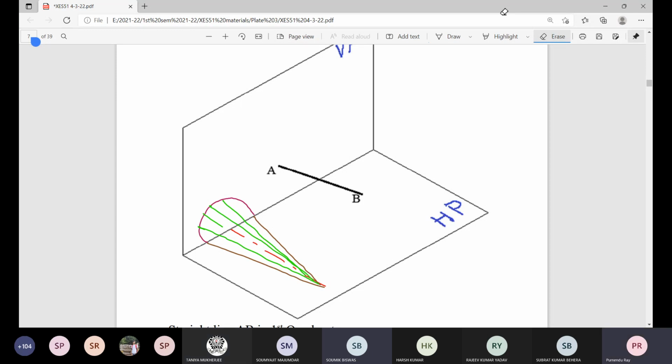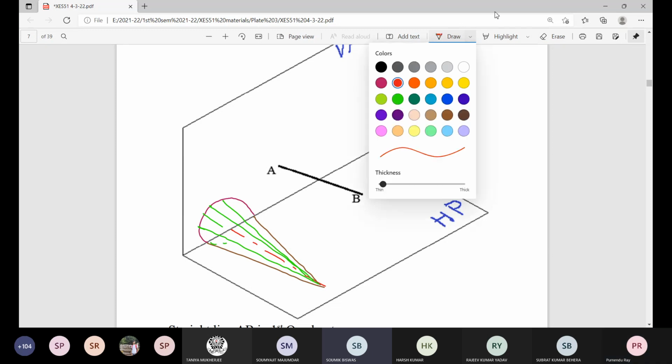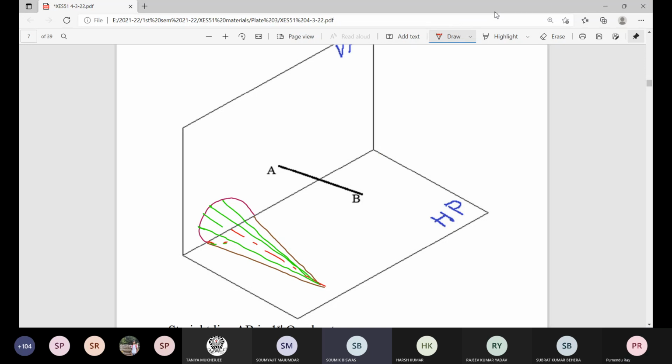Cone. It is one half cone. Maybe 50% of that half cone is below the horizontal plane. Okay. Then what about the surface?